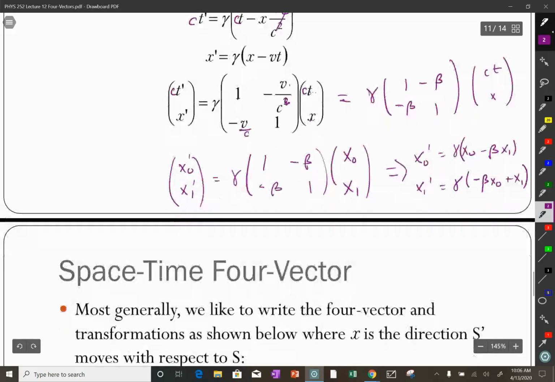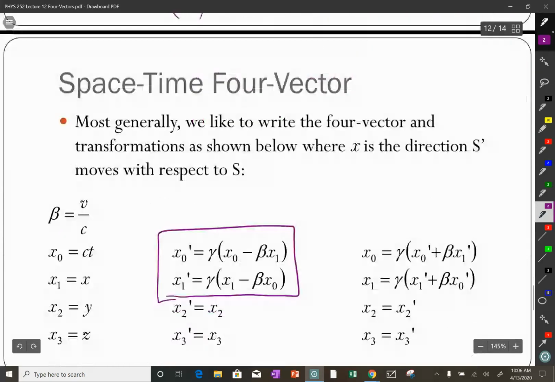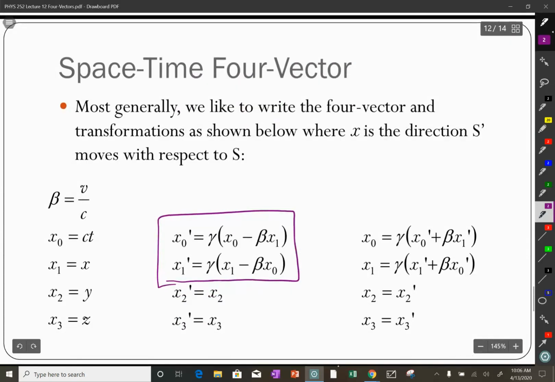And so those are the relations, just the order of x1 and x0 I flipped in the second one that we show here.